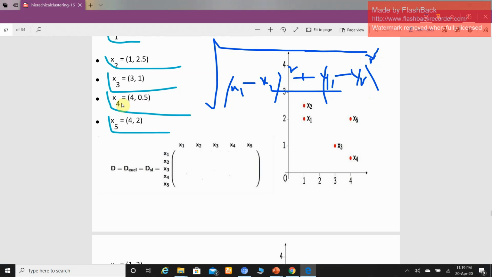This is the Euclidean distance formula. Based on this formula, we have to fill all those fields.